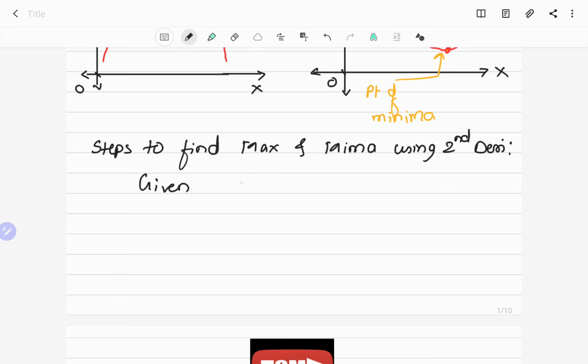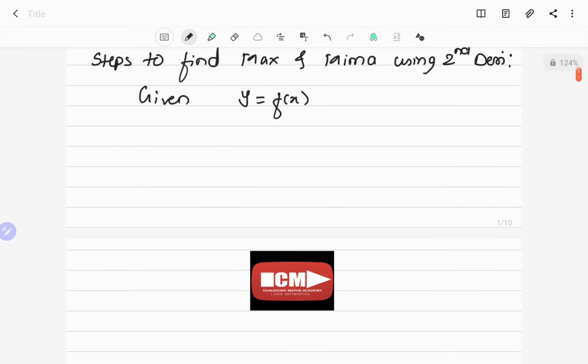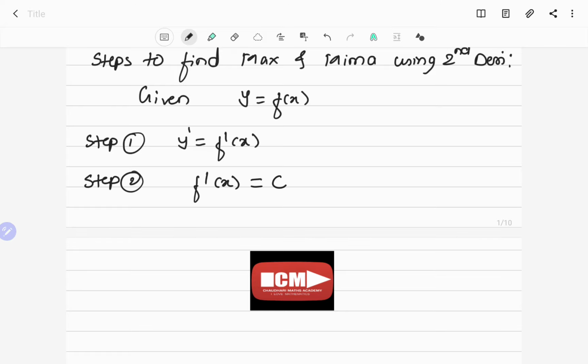So friends, this is the given function y equal to f of x. Then step number one is to find its derivative, y dash or f dash of x. So quickly find the first derivative, and in step number two, equate that first derivative equal to 0.